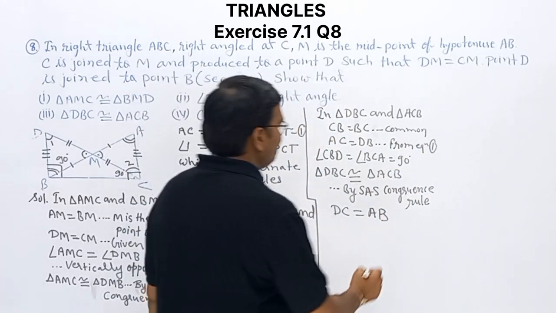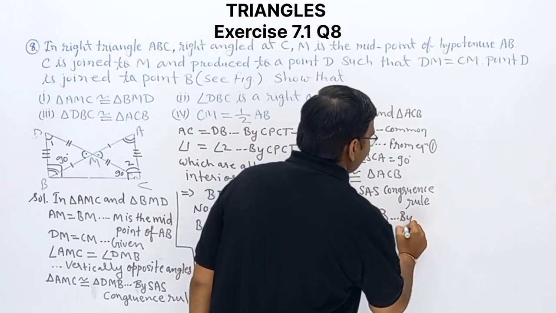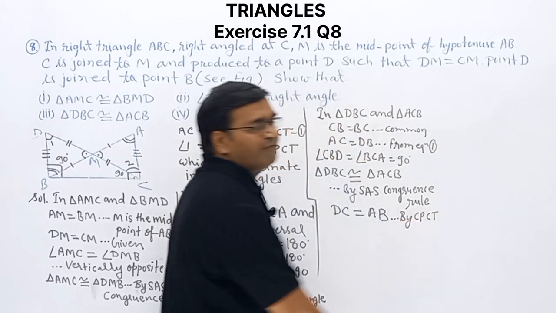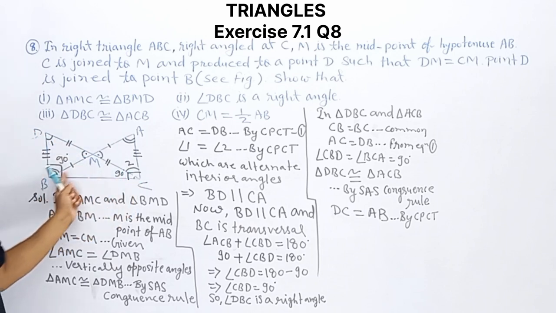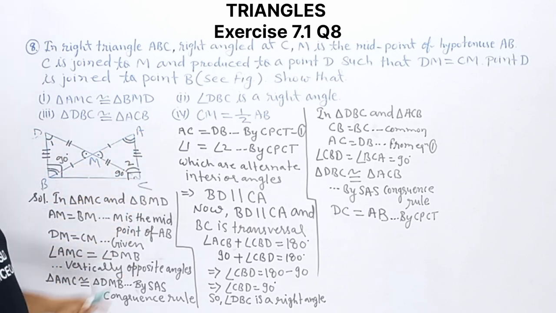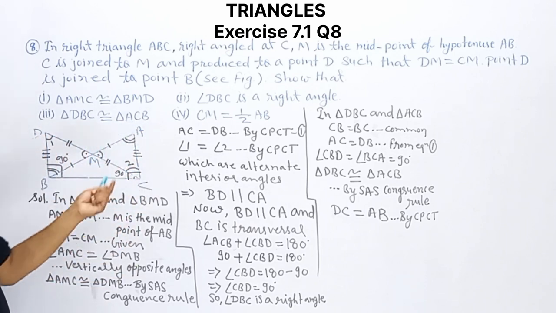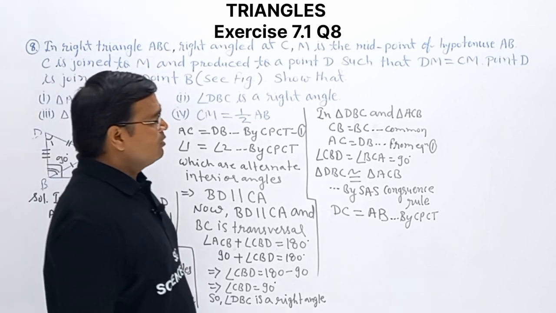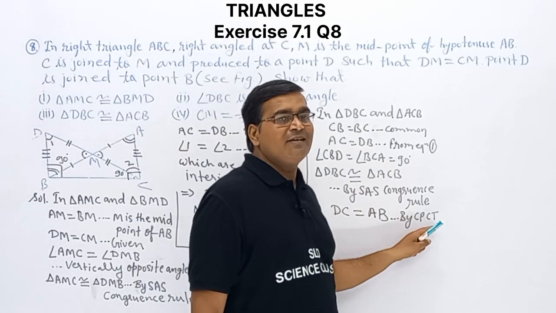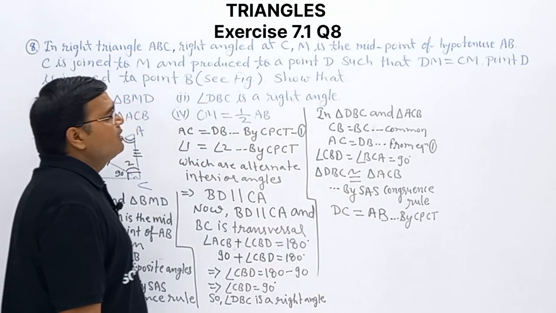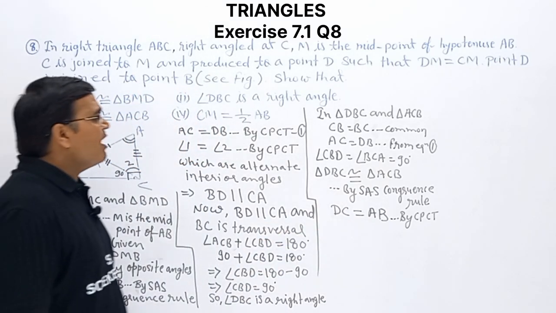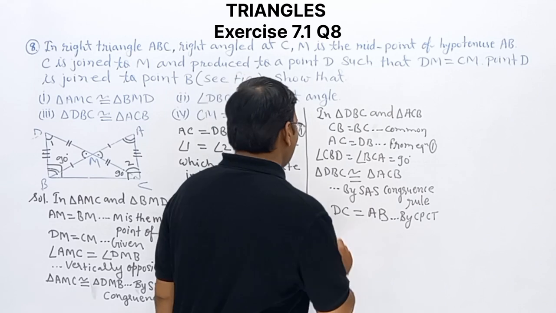Why DC equals AB? By CPCT. DC, this side, will be equal to this side because this triangle is congruent to this one. So from corresponding parts of congruent triangles, these two sides will be equal.